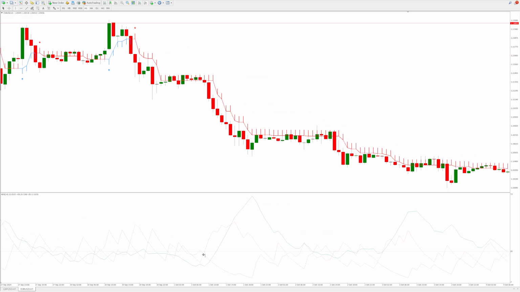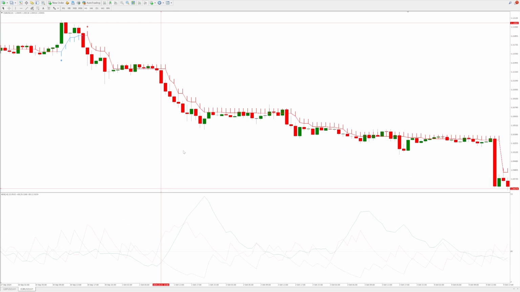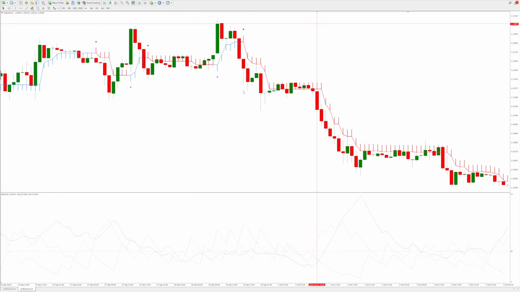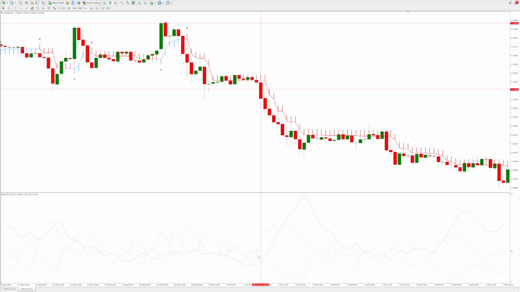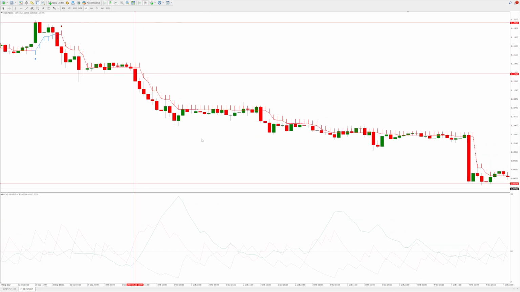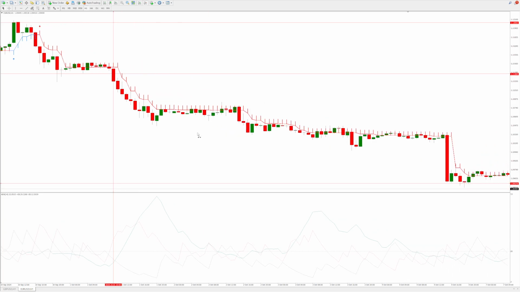But we have the crossover of the red and green to the downside there, which coincided nicely with the breakout of that support level there. So that could have been additional confirmation. As you can see, it starts to lose momentum there.